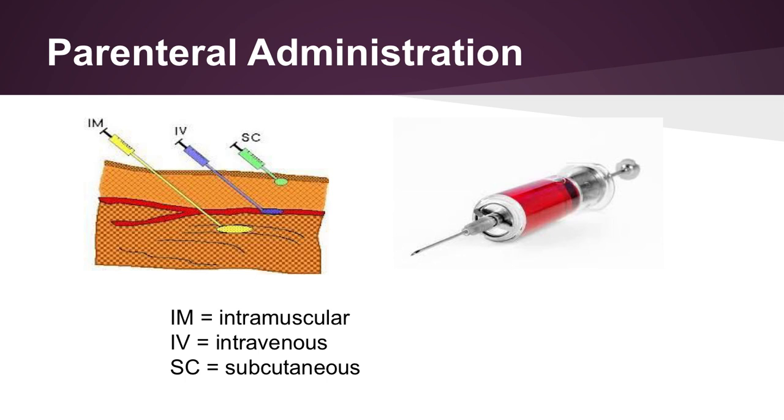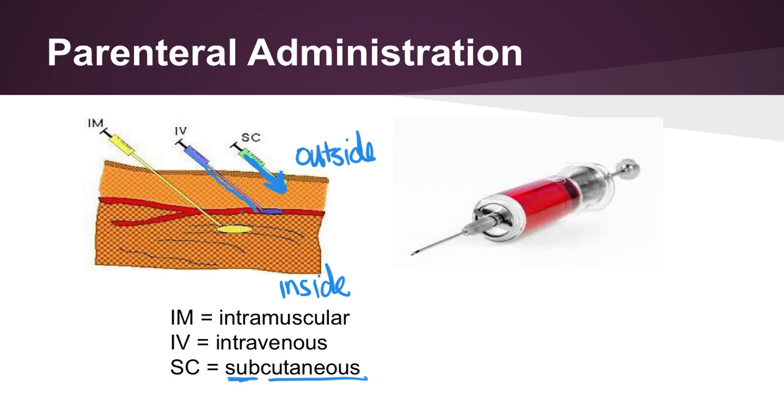So taking a closer look at parenteral or injection administration, if this is outside our body and this is inside our body, then subcutaneous just means just underneath the skin. Sub means under, and then cutaneous means skin. So needles injected just underneath our skin.